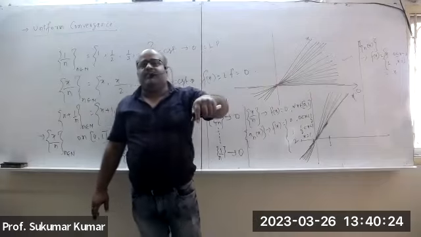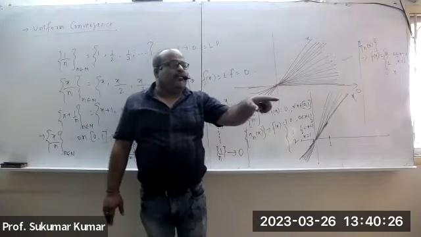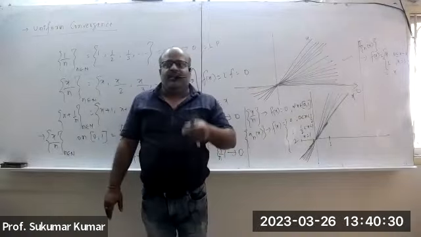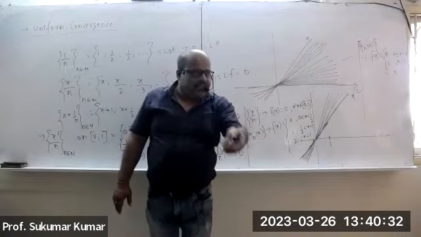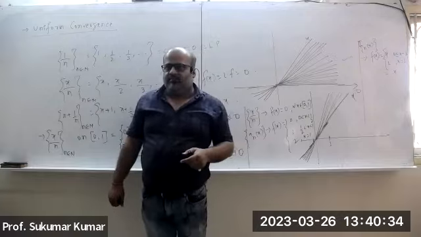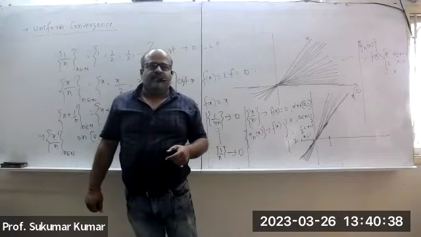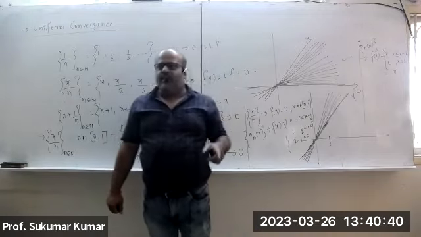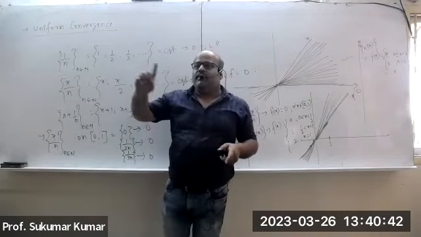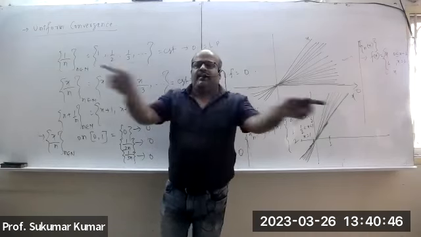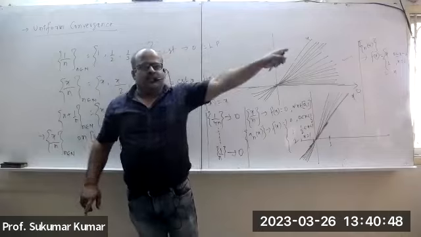But if you get a continuous limit function, then it may or may not be uniformly convergent. We have to verify next. Maybe at some place x I will approach and it will fail. Understanding? So if a continuous limit function comes, then it may or may not be uniformly convergent. If a discontinuous limit function comes, directly without calculating you write not uniformly convergent.